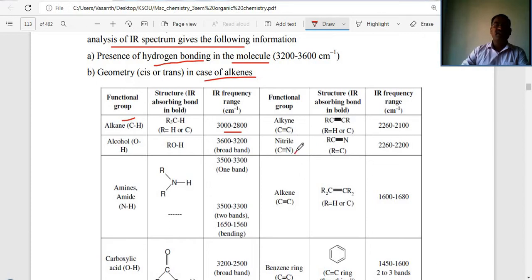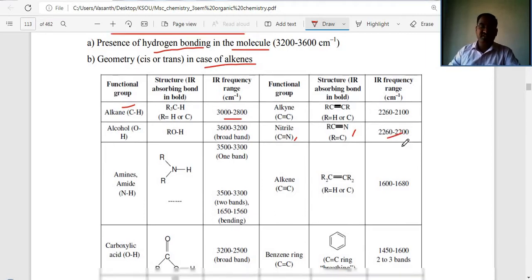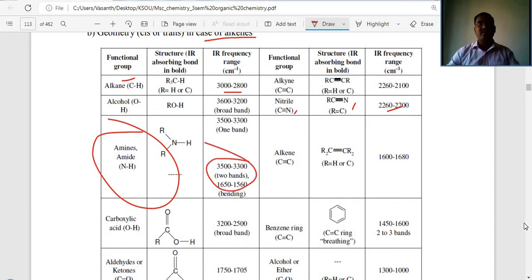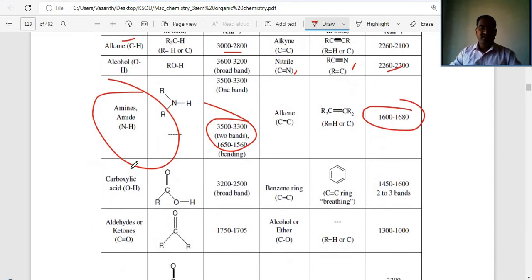The nitrile has a C triple bond N group. For amides or amines, the absorption is at 3500 to 3300. For alkenes, it is 1600 to 1680.